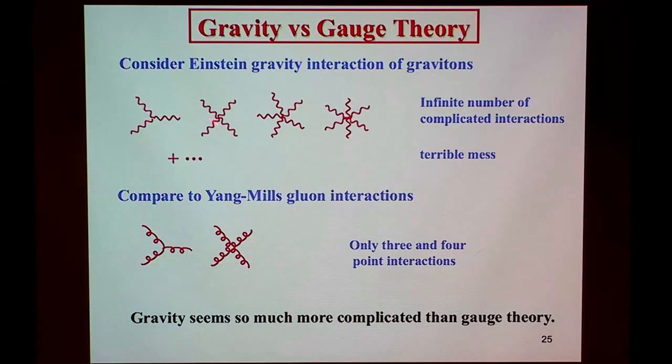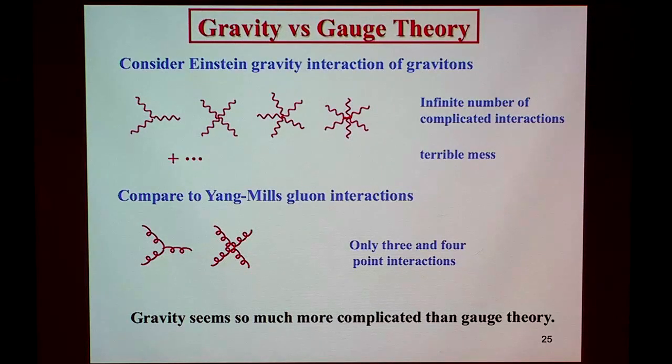Part of the problem has to do with the number of interactions you can have. You have one graviton splitting into two, or one into three, or one into four, and so on and so forth. And you can have infinitely many such interactions, and these interactions get more and more complicated. The Yang-Mills theory stops at what's called a 4-point interaction. And certainly, gravity looks more complicated.